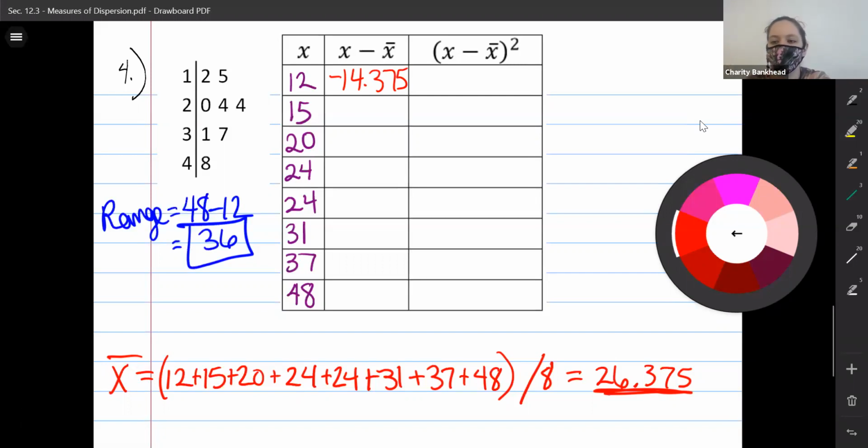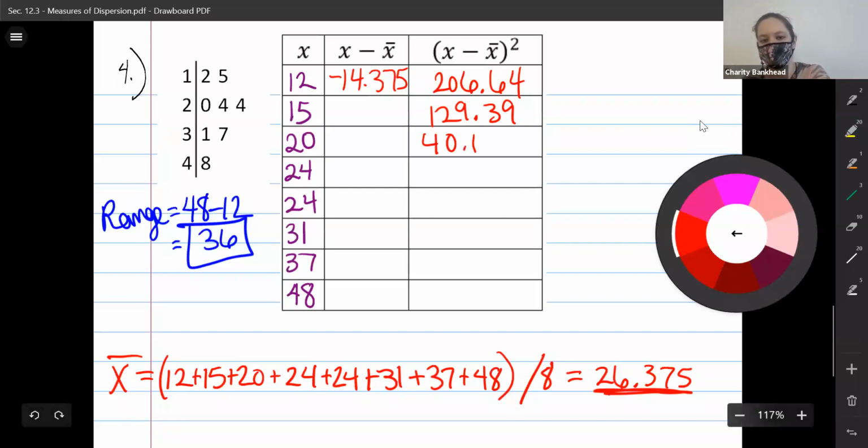And squared, that is 206.64. 15 minus the mean and square it is 129.39. 20 minus the mean and square it, 40.64. 24 minus the mean squared is 5.64, 5.64.